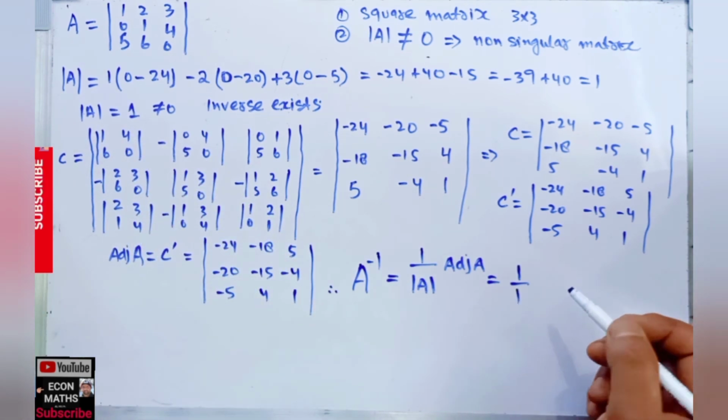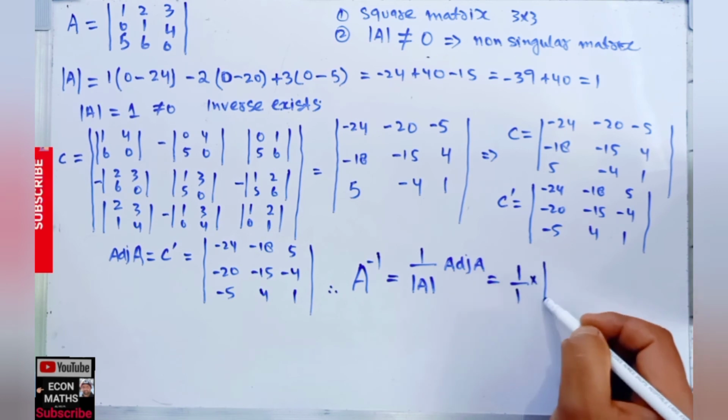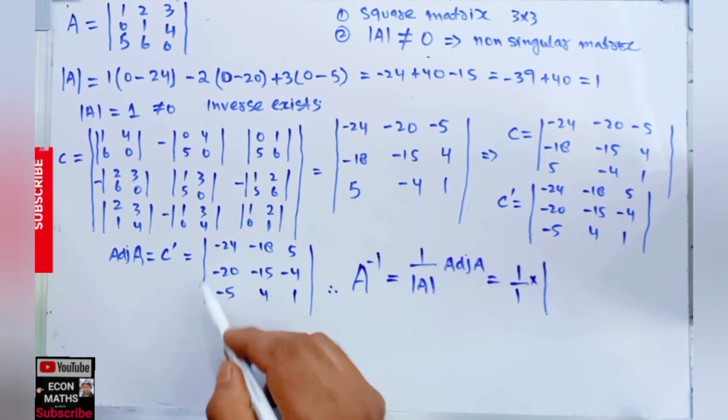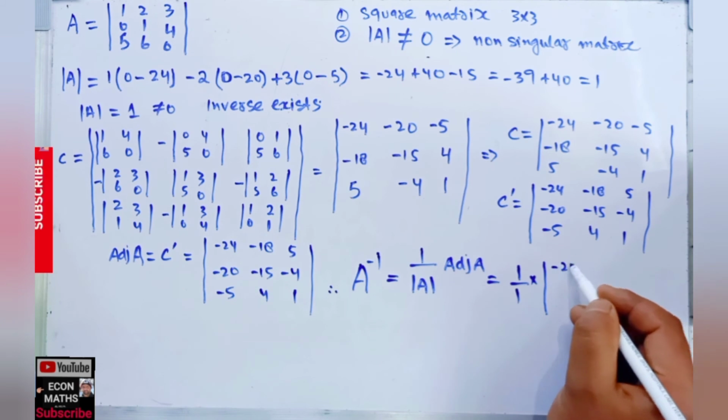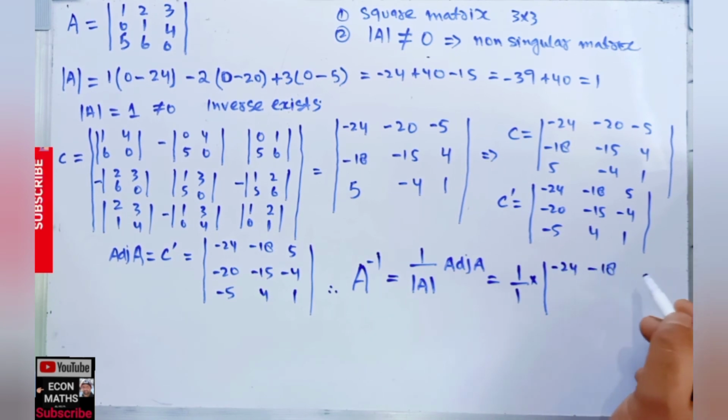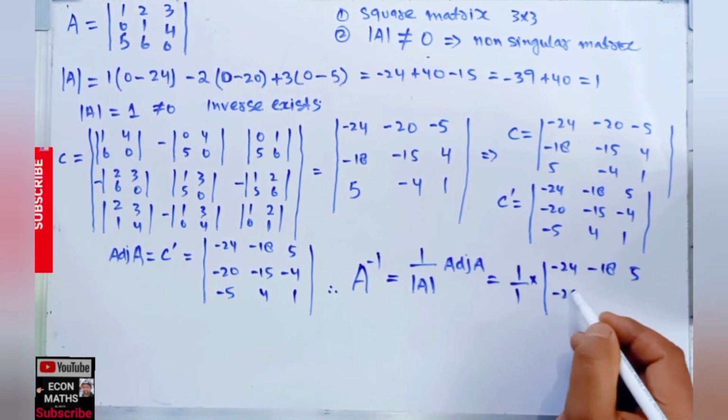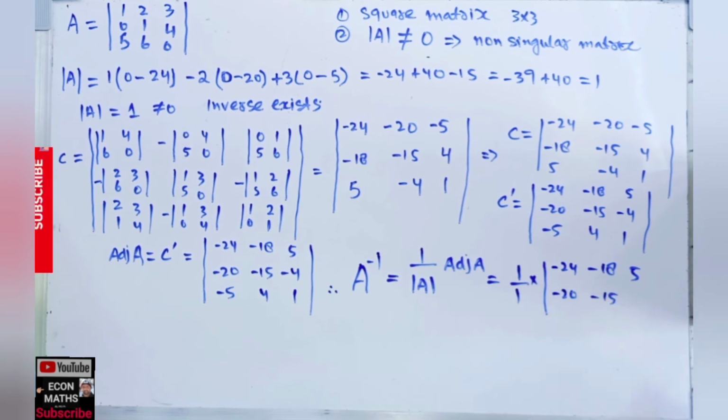Now multiply this with the adjoint which we got here, this matrix, that is minus 24, minus 18, 5, minus 20, minus 15, and minus 4, minus 5, 4, 1.